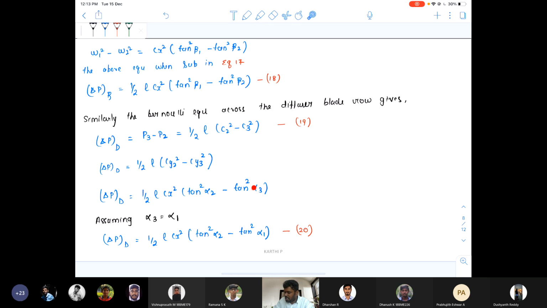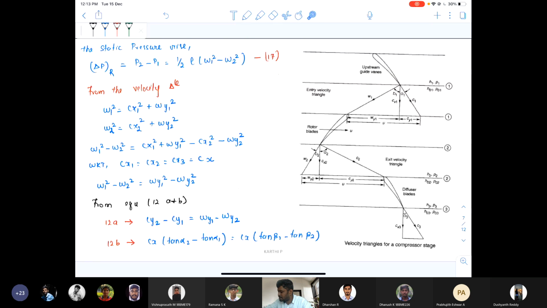In this equation, we have considered alpha 3 is equal to alpha 1, that is, this alpha 3 has been replaced as alpha 1. We have just made an assumption that the angle alpha 1 is equal to angle alpha 3. That is, this angle is alpha 1 and this is alpha 3. Definitely this will be equal, according to geometry.